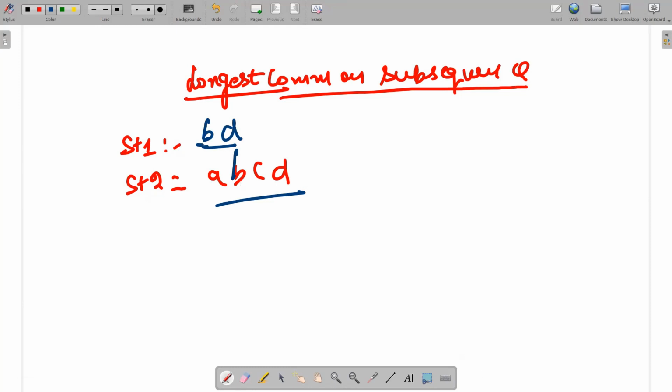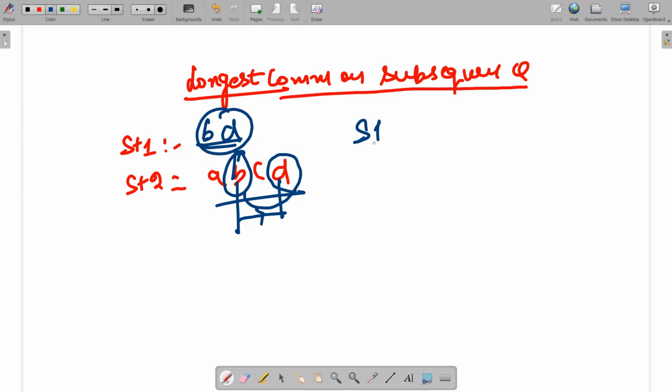Where we have BD, B is coming, and in the same sequence, D is coming. So BD is actually present, and there are two characters which are similar. So the longest common subsequence is BD, which may not be coming together. It may come together also.